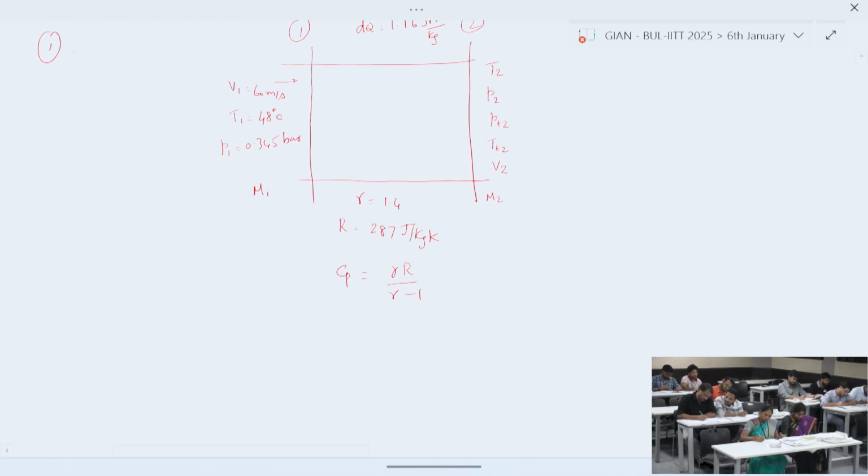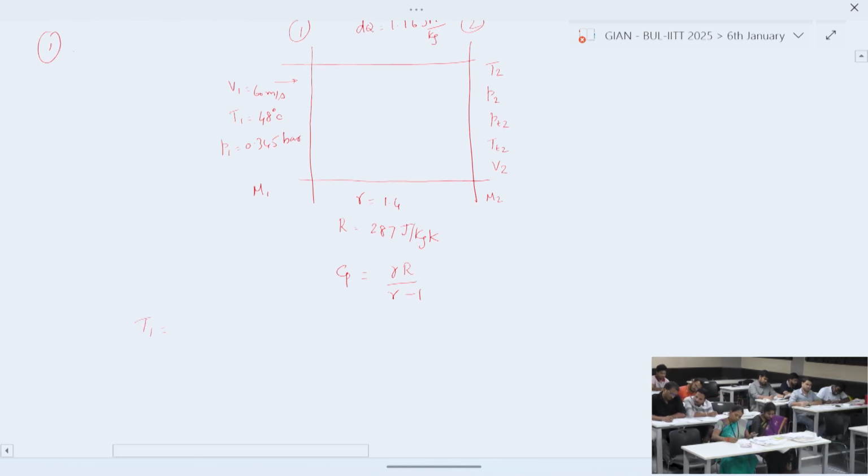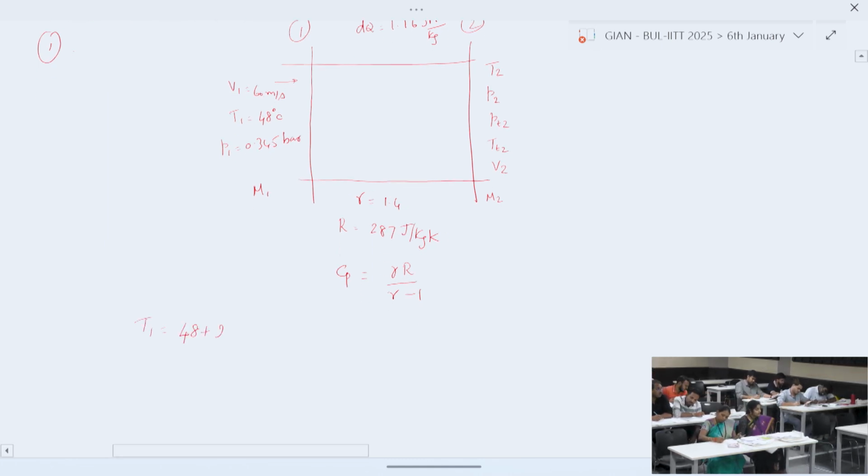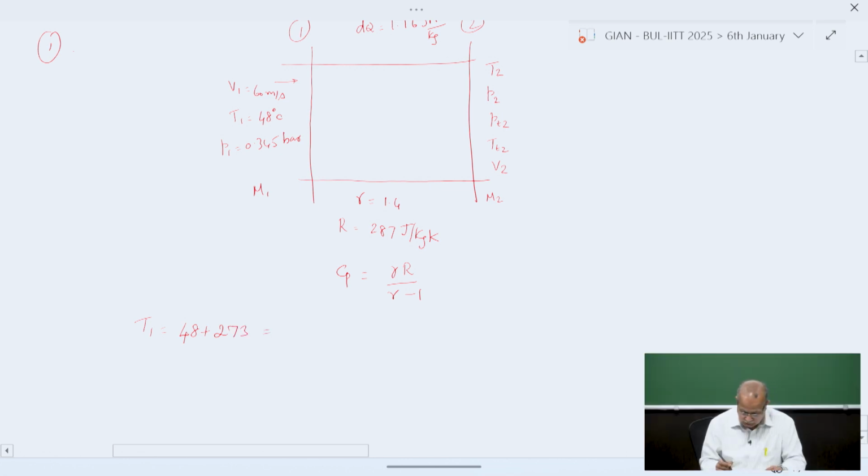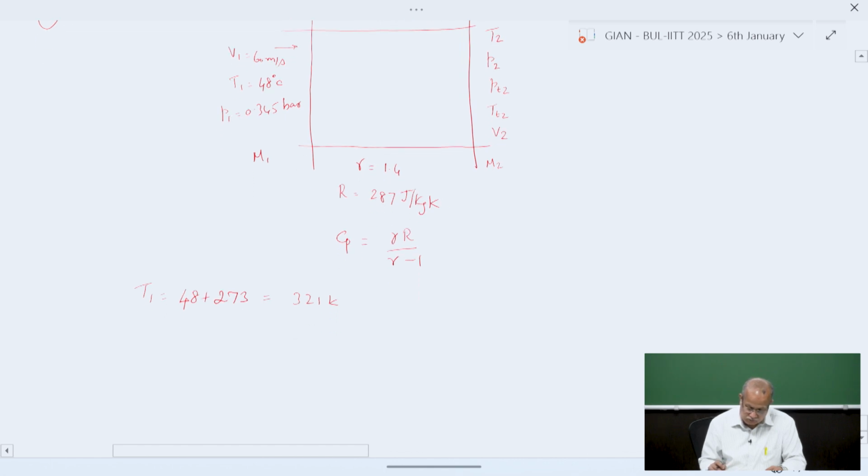Tell me, T1 is equal to 48 plus 273. Convert that to Kelvin. And what is M1?